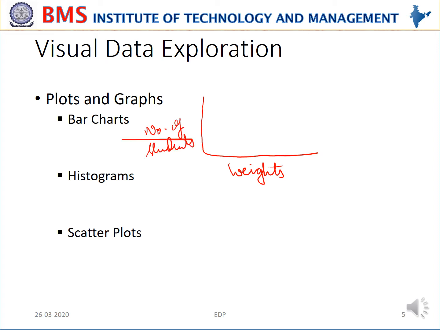In this case, we normally observe that very few students have less weight and more weight, whereas most of the students have moderate weight in a class, something like a normal distribution, right? This kind of data can be represented by using bar charts.